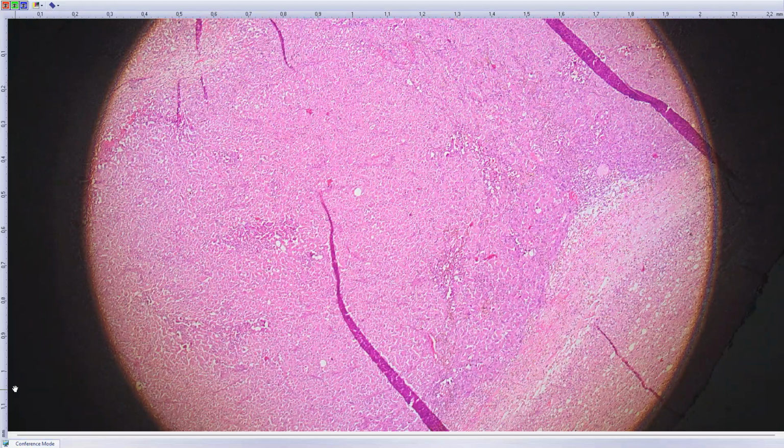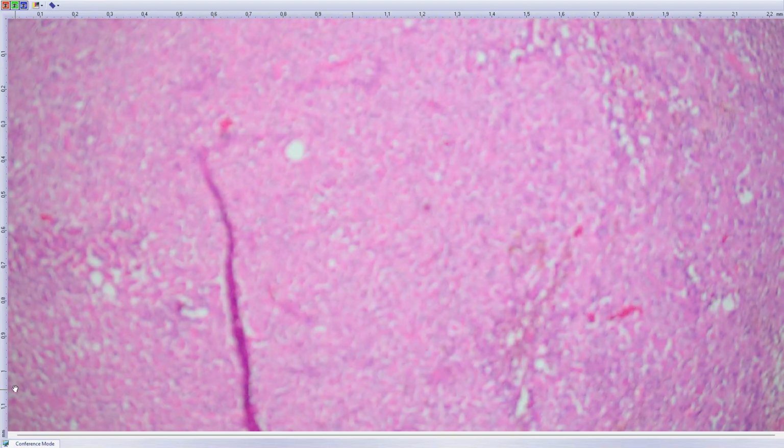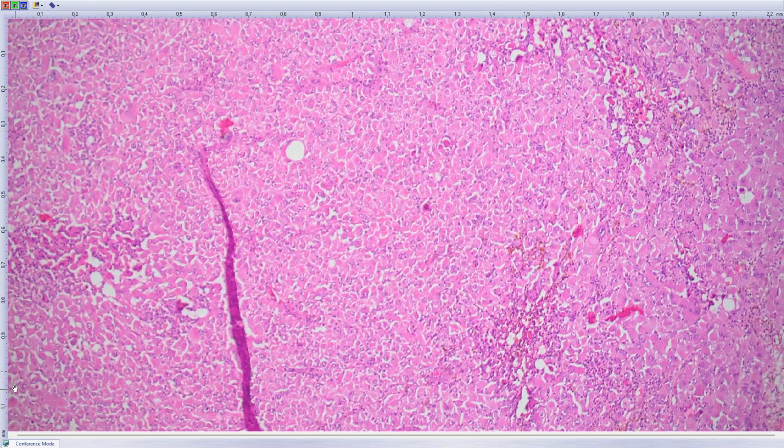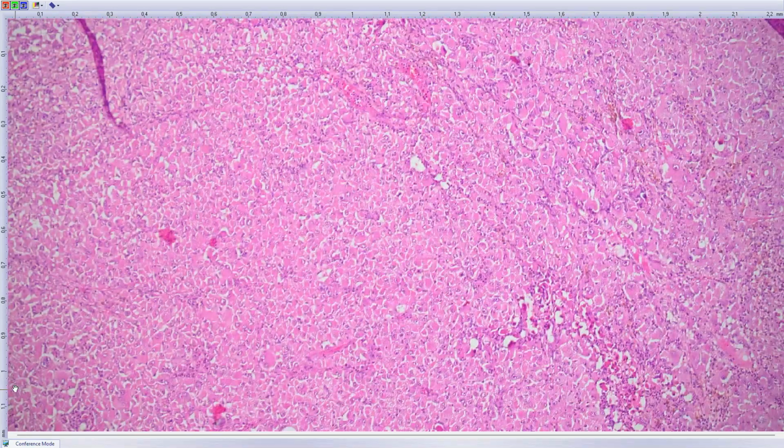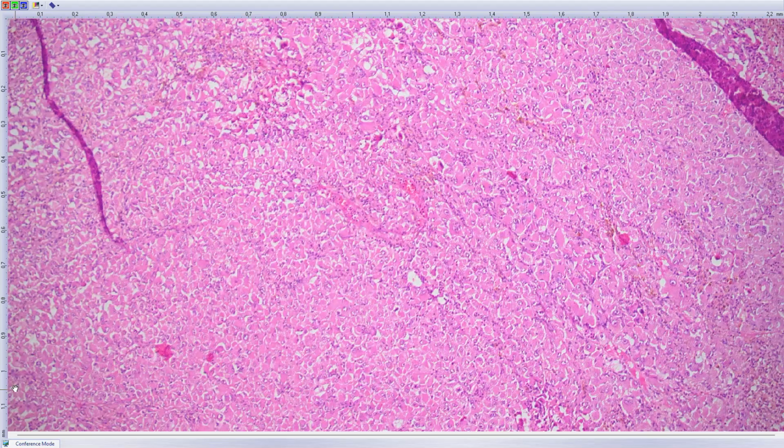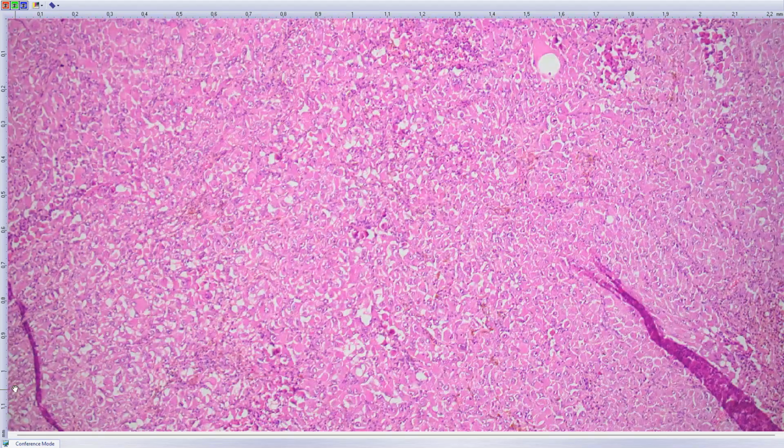My next case comes from the brain. They sent it as a probable metastatic disease, and the lady, an older lady, had something in her thoracic cavity, and they performed repeatedly some cytology and biopsy specimens, and it was always not conclusive for the diagnosis.